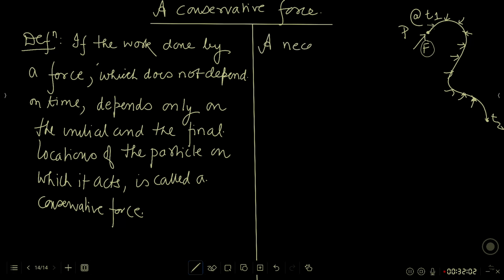That it does not depend on time, but it may depend on the spatial coordinates.